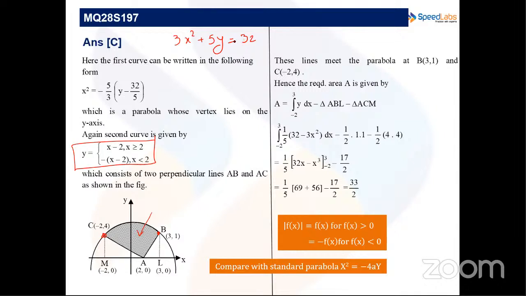So from here, for x greater than 2, we have y equals to x minus 2. So put this value: 3x square plus 5 into x minus 2 equals to 32. So this will be 3x square plus 5x minus 10, and minus 32, it will be minus 42 equals to 0.